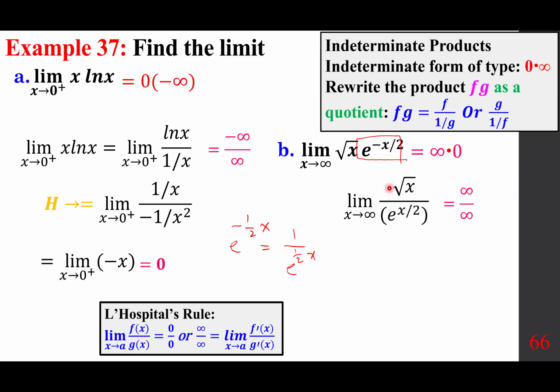Square root of x, hopefully we know it's 1 over 2 square root of x by now, or change it to x to the power 1/2, so it's 1/2 x to the power negative 1/2. This one is e to the power of 1/2 x, so it's itself times 1/2, okay?